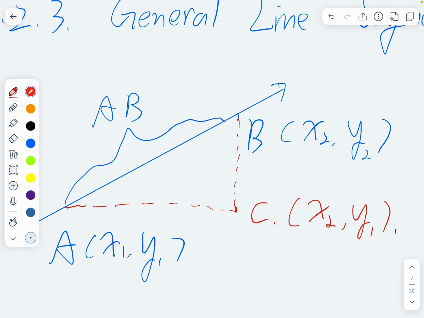Because it has the same y as A and the same x as B. But now they're in a triangle. So how do we find the length of the line segment AB?